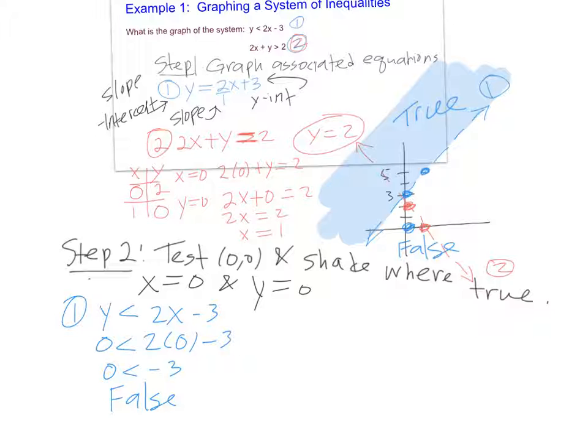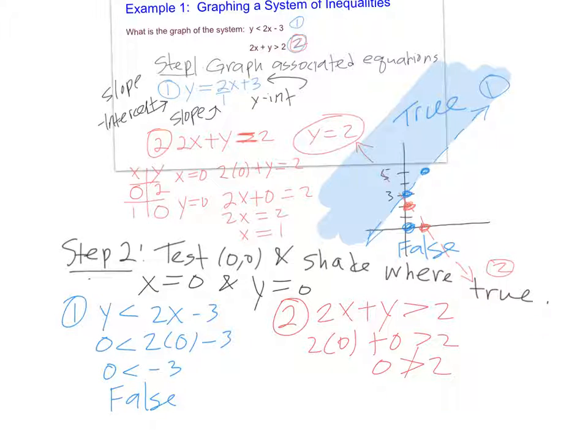We'll do the same thing for inequality number 2. We'll substitute 0 for x and 0 for y in 2x plus y is greater than 2. So I have 2 times 0 plus 0 greater than 2, or 0 is greater than 2.